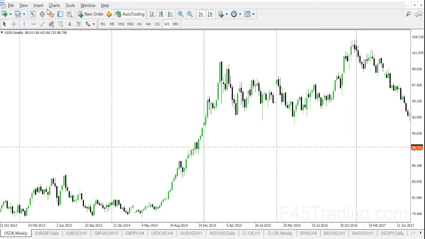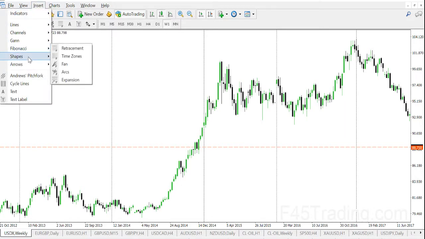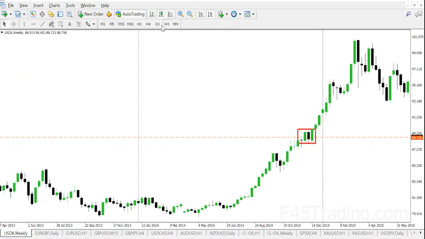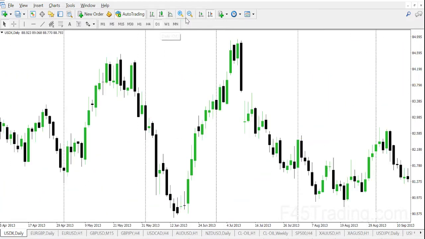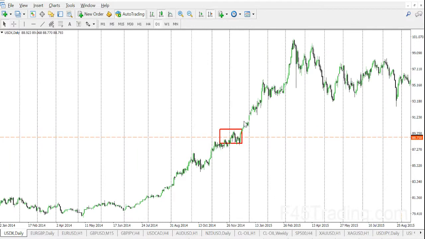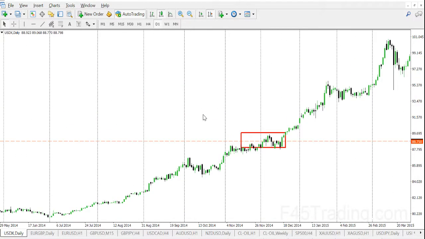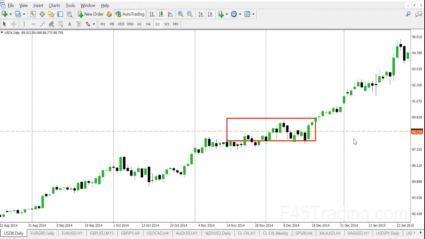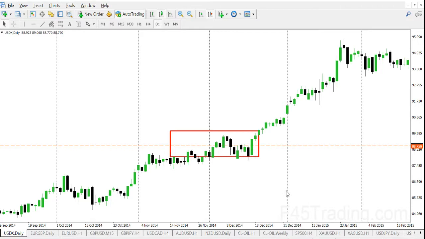Maybe we should take a real quick journey into this area and see how many times price danced off of this level, only because it is a very significant price level.